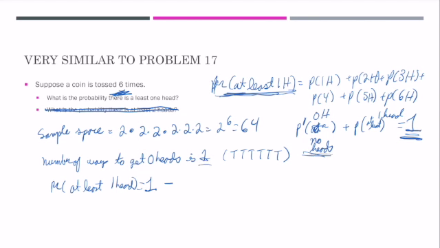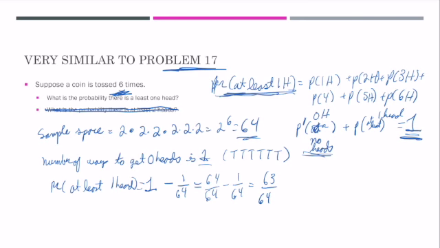Well, there's only one way out of 64 for me to get no heads. So that probability is going to be 63/64. Okay, so this is a problem very similar to problem 17. That's the probability of getting at least one head.